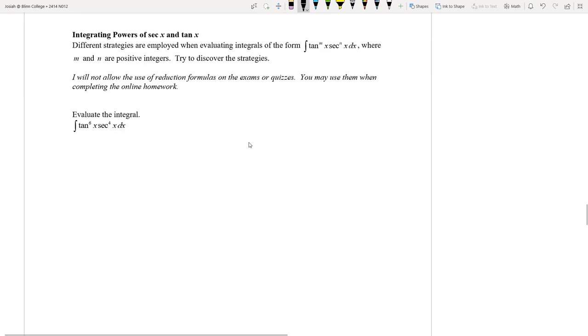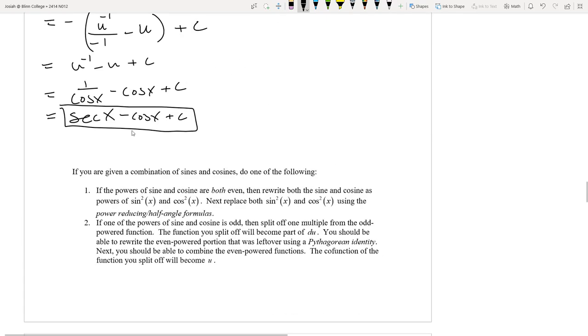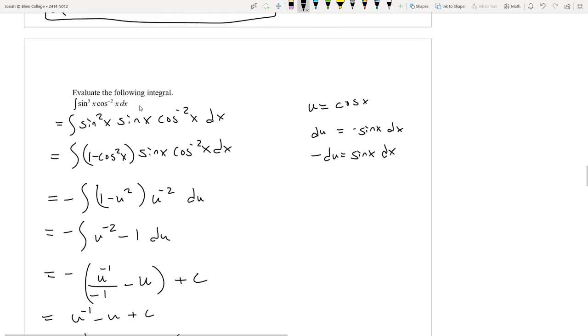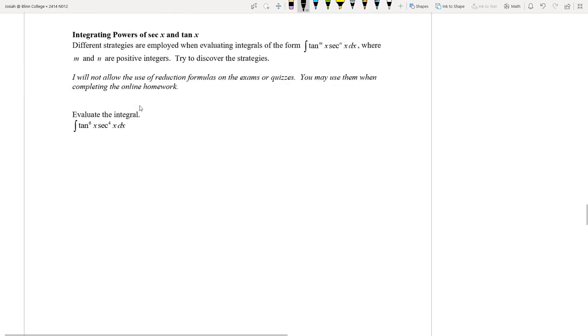So we'll go ahead and see what we are able to do with tangent to the 6th, secant to the 4th. What we liked best back when we were dealing with sines and cosines is being able to split off a du, and furthermore, being able to change everything else into our u.